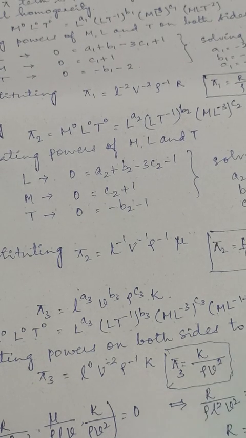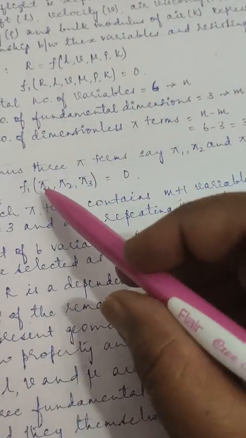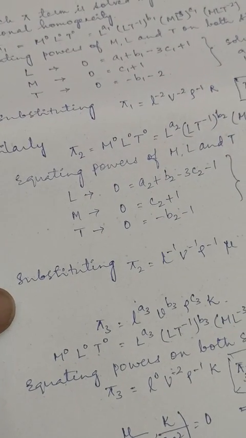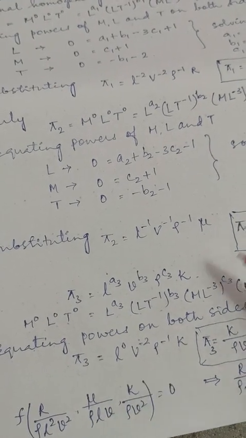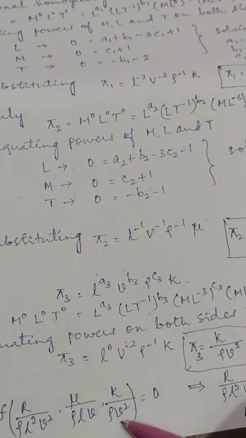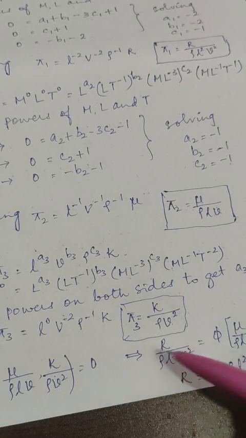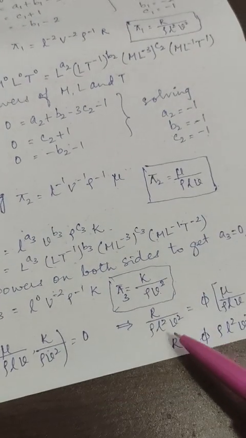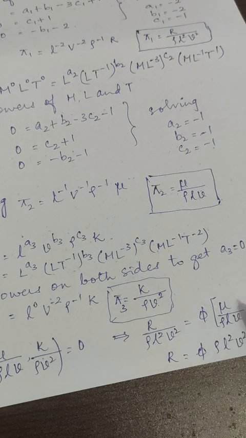is this. Now we come back to f, the function of pi 1, pi 2, pi 3 is equal to 0. So f of pi 1, that is this, and pi 2, that is this, and pi 3, that is this, is equal to 0. We are taking r on the left side of the equation because r is a function of the other three variables.